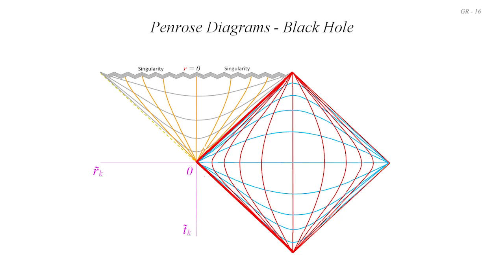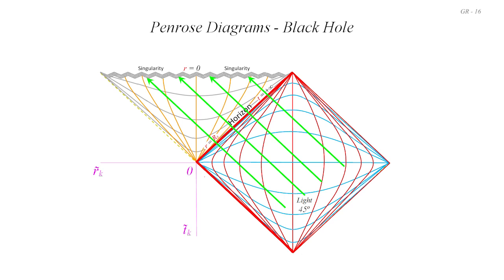Light beams travelling radially inwards will follow paths such as these, coming from possibly large radial distances away, and they will travel in straight lines towards the horizon, which is the thick red line. They will also continue beyond the horizon towards the singularity, although of course if measured using the red coordinates they would seem never actually to reach the horizon, which has a red t-value equal to plus infinity.